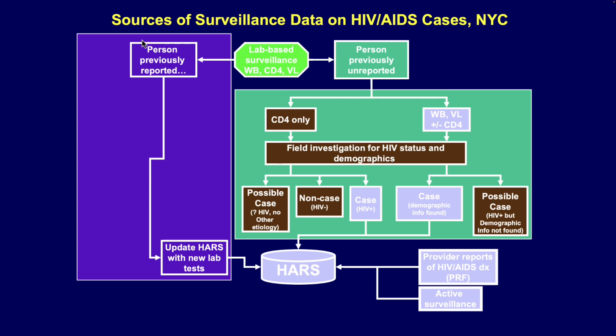If there's enough identifying information, like names, social security number, date of birth or age, and gender, I should say identifying information, not just demographic information, then it's easier to classify it as a new case because you know it doesn't represent someone else who's in the system already.